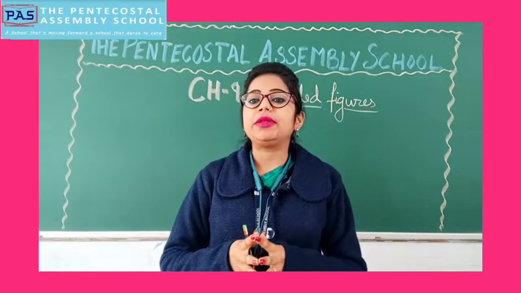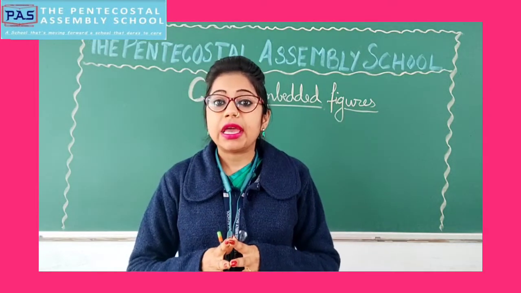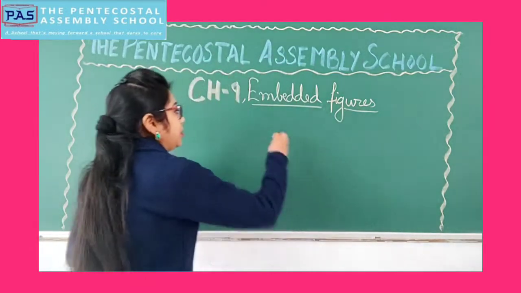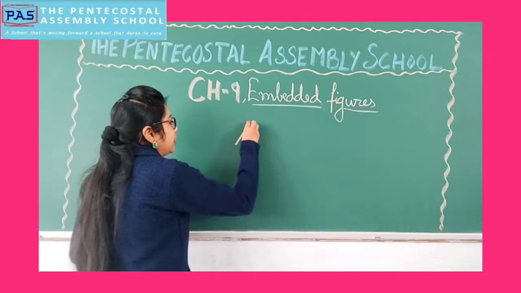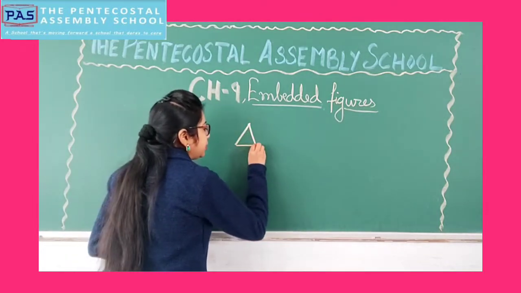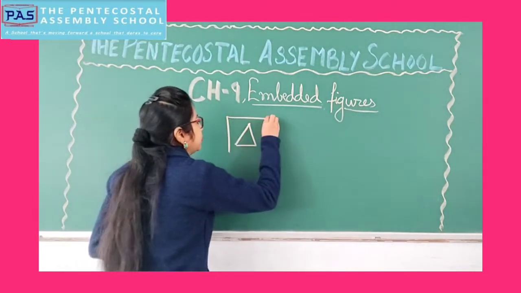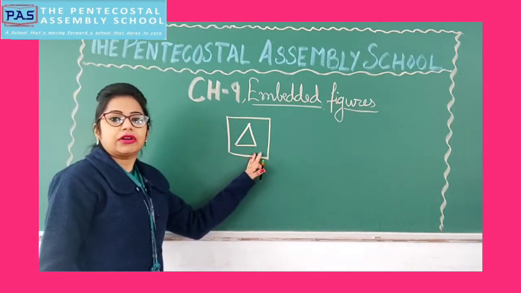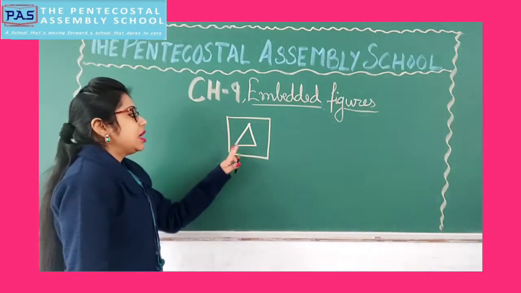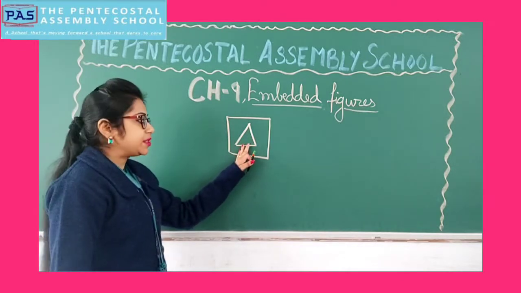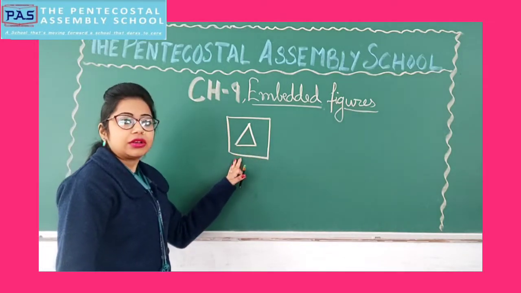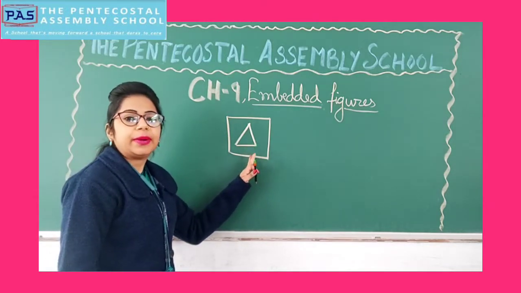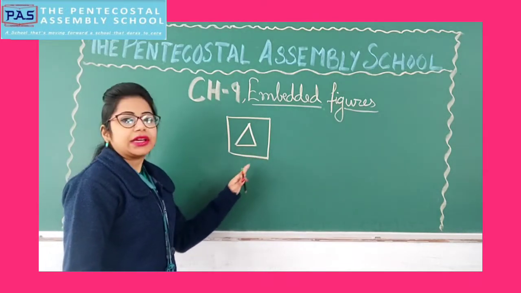What do you mean by embedded figures? Embedded figures are the figures which are already present in a different figure. Suppose this triangle is present inside this square. So we can say that the triangle is embedded inside the square.